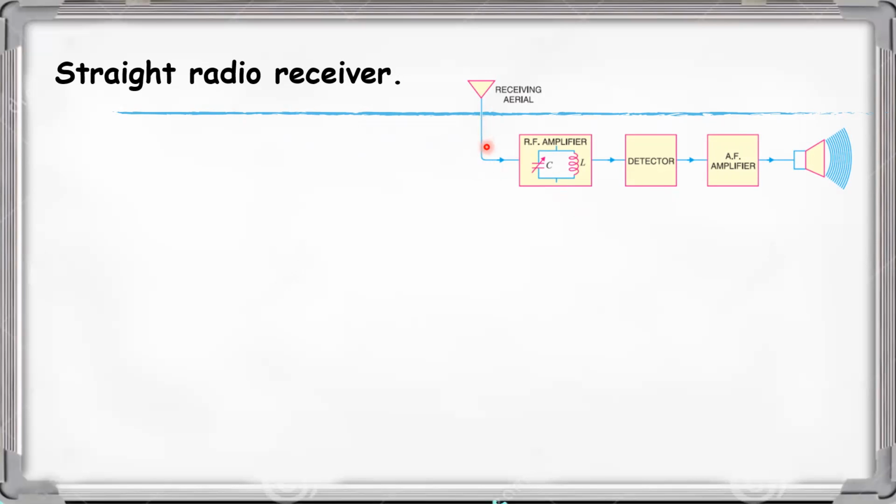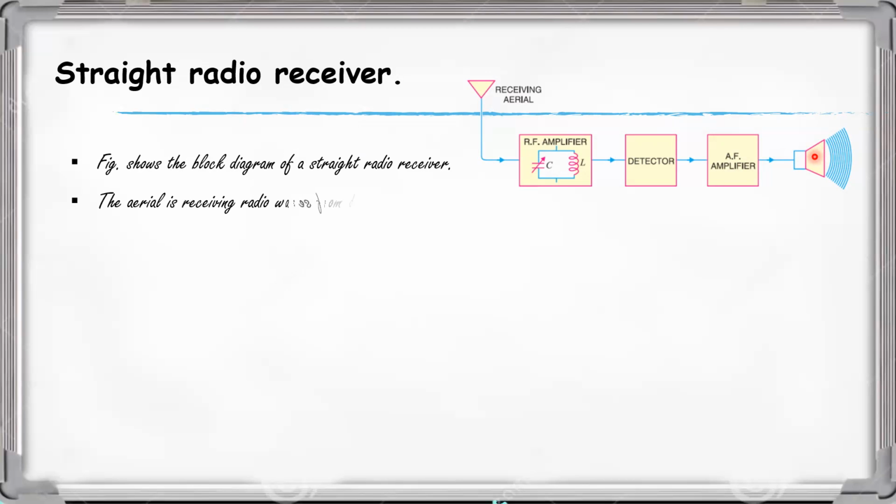A receiving aerial, an RF amplifier with a parallel LC circuit, a detector, an AF amplifier, audio frequency amplifier, and a loudspeaker. Its operation is similar to what we discussed earlier.